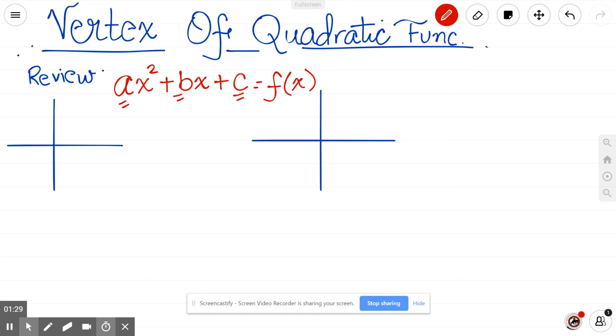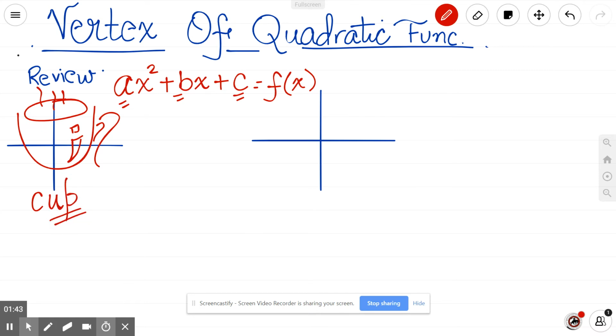Now we did talk about how the graph is going to be up, or the shape of a cup, depending on the value of a. Cup up, it depends on a. When will this be a cup? When a is more than 0.